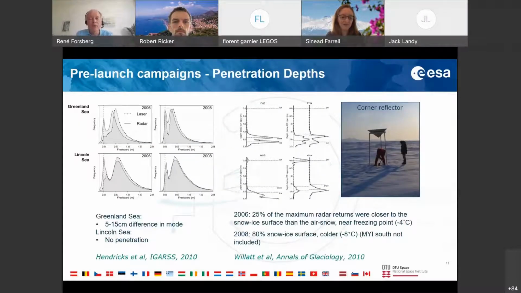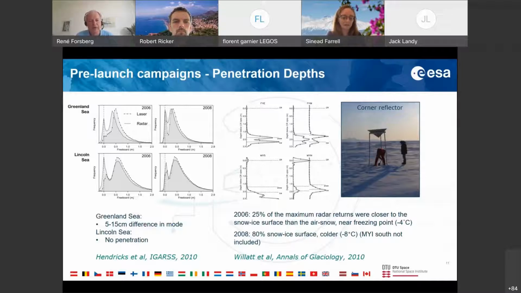Well, before the launch, of course, some issues were already clear. That there are big differences depending on where you are in the Arctic. If you compare the laser and the radar, for instance, in the early campaigns, you had differences in the mode depths. The laser typically gave a little bit larger freeboards than the radar, and that was known.